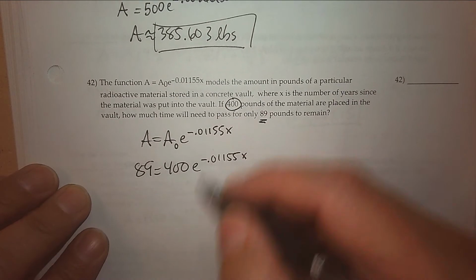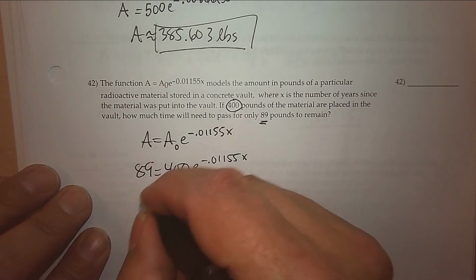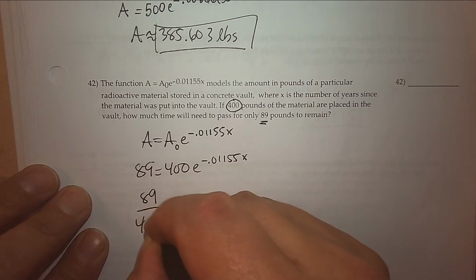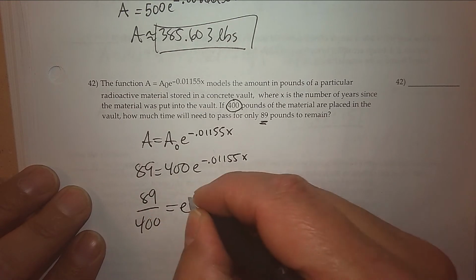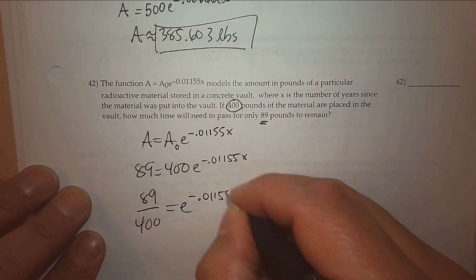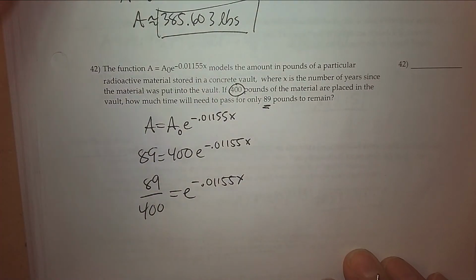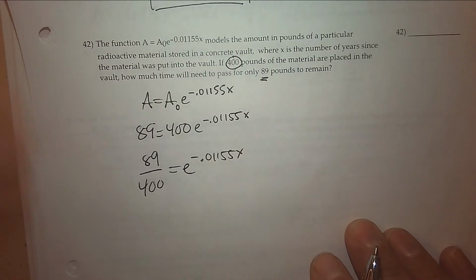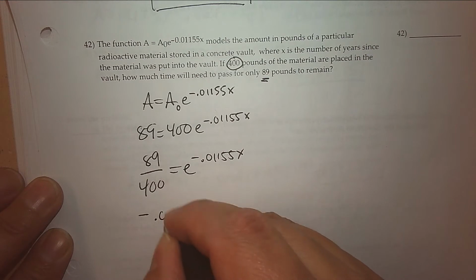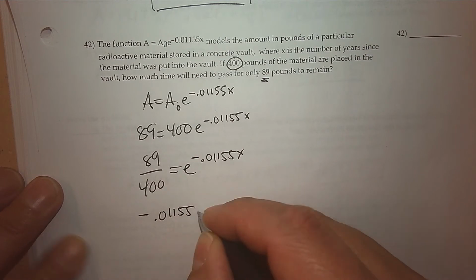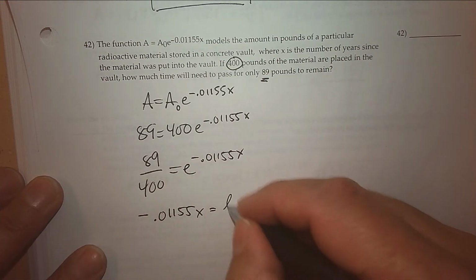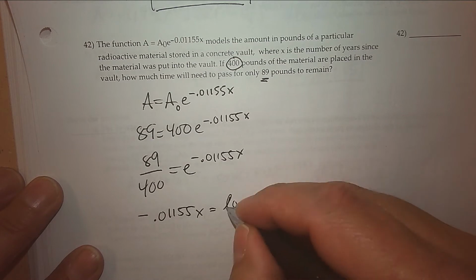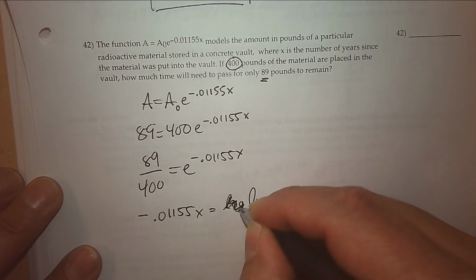So now let's solve this equation, solving for x. Step 1 is to divide by 400. Step 2 is to solve for x by writing it as a logarithm. So to do that, I'm going to write down negative 0.01155x, and the logarithm is going to have a base of e, so it's not log but ln because of that.